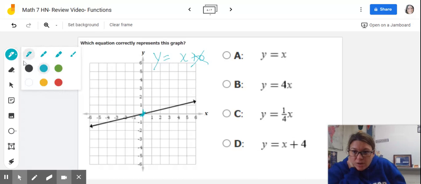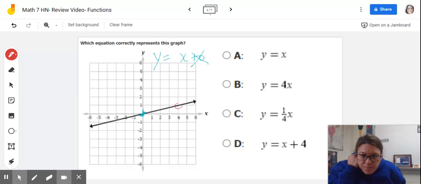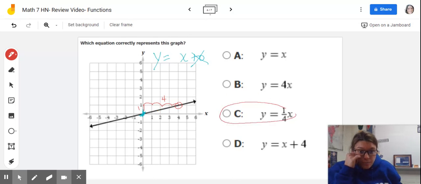So I'm going to look for another point on the line that crosses the grid lines, like right there. And so this one will go up 1, 1, 2, 3, and right 4. Up 1, right 4. So the slope has to be 1/4. And it's a positive slope, right, the positive guy going up the hill.